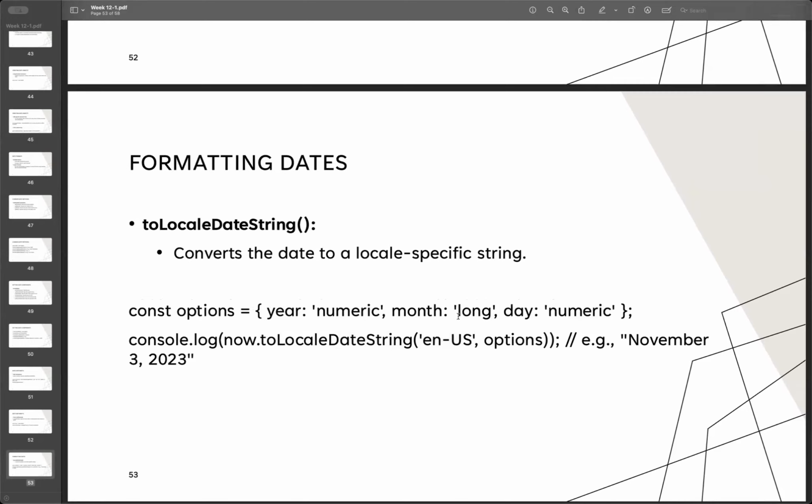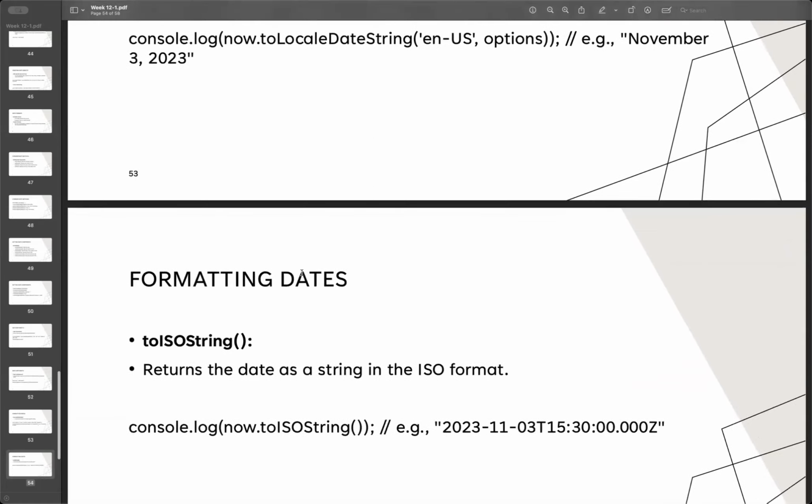Numeric means the number, and long is for the long character string month. Since we're using the US format, it will be the month, date, and then a comma with the year.